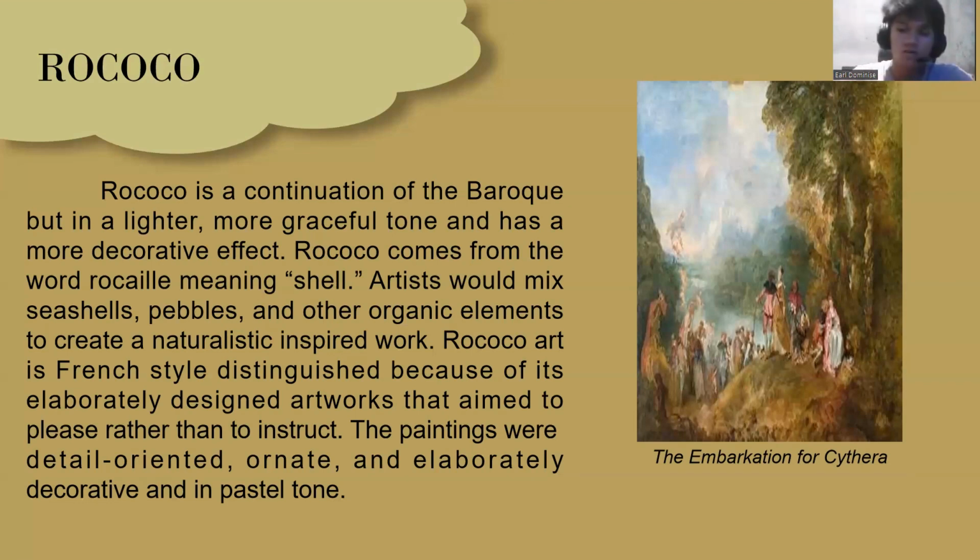One of the best examples here is the Embarkation for Cythera. It is a painting by the French painter Jean-Antoine Watteau. It is also known as A Voyage to Cythera and Pilgrimage to the Isle of Cythera.